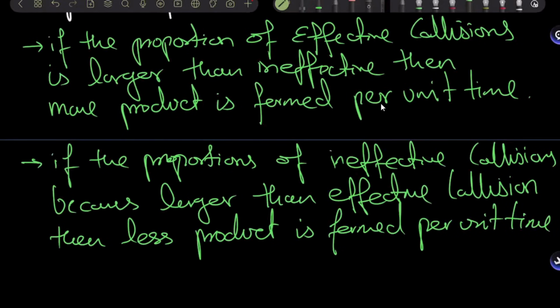Is this clear? Now, I want you to link one more thing.